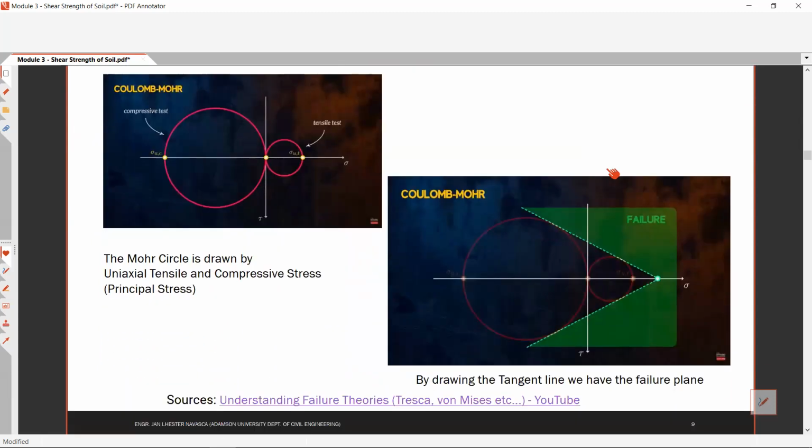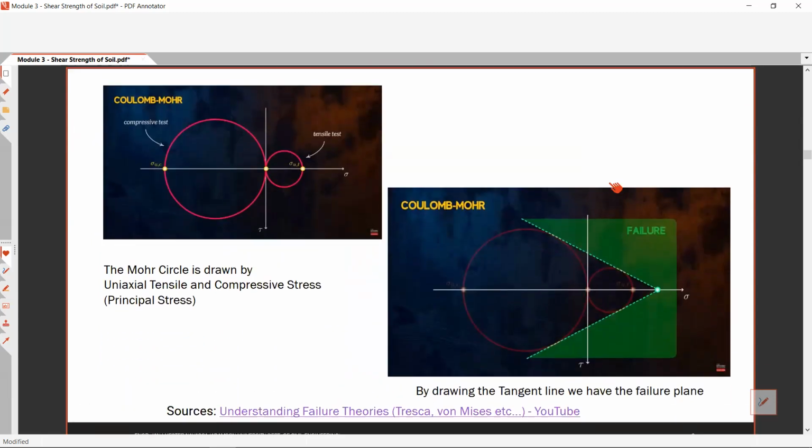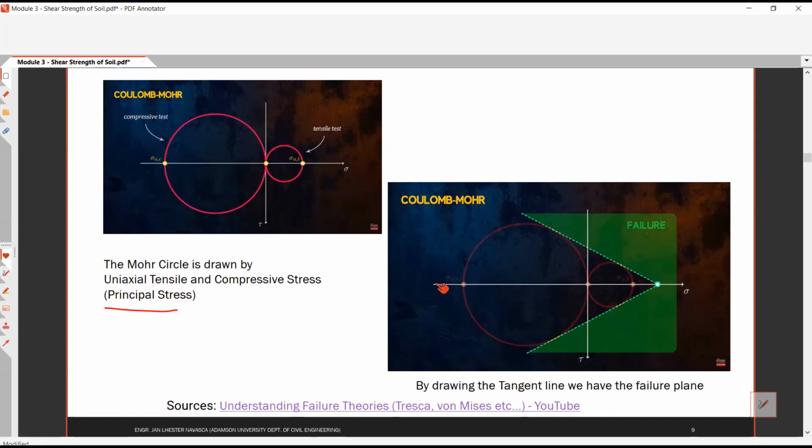Okay, so for the Mohr-Coulomb failure criterion, the Mohr circle is drawn by uniaxial tests, maybe tensile and compressive stress. So graph yung dalawa, this one and this one. Then that is your principal stress. The uniaxial tensile or compressive stress is your principal stress. More on this in the discussion later.